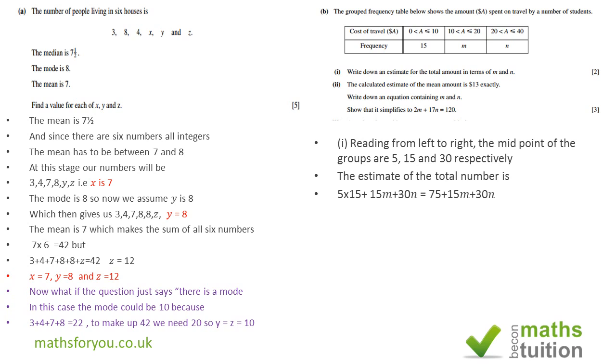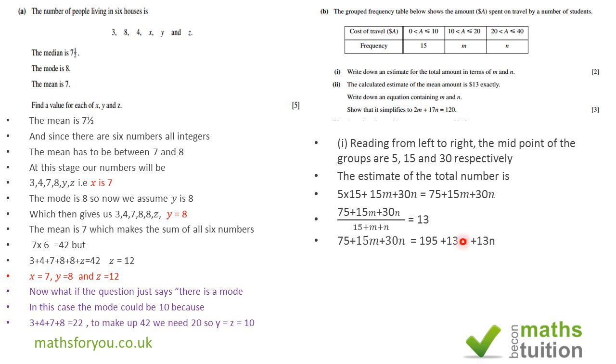Okay, now we know the total amount spent, which is 75 plus 15M plus 30N. The sum of the frequencies is 15 plus M plus N. So if we divide the total amount by the sum of the frequencies, we have 13. Multiply both sides by 15 plus M plus N, and we get this here.